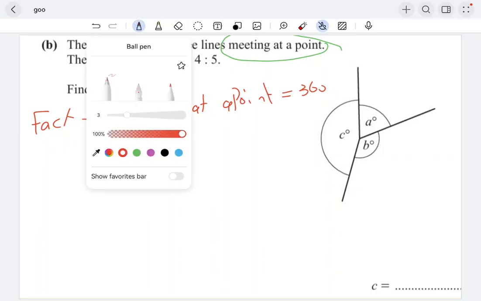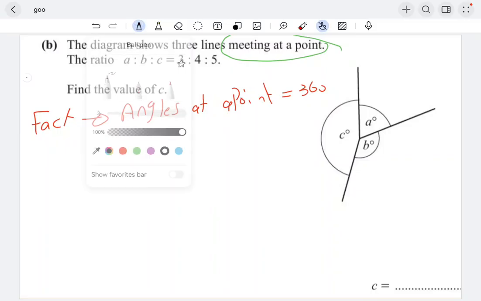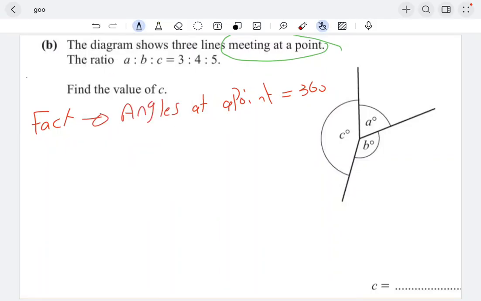We have multiple ways now to do it, but one of the nice ways is to keep the ratios this way: A to B to C, and then it's 3 to 4 to 5. And then here you write the total of the angle.